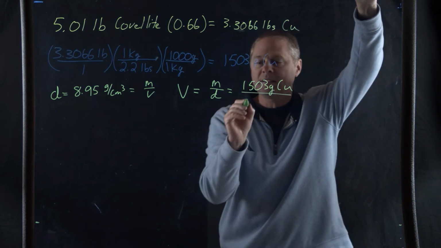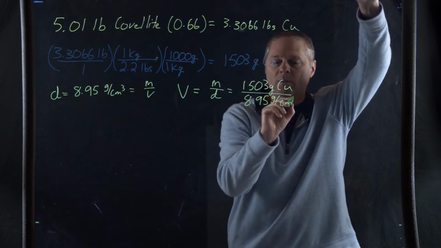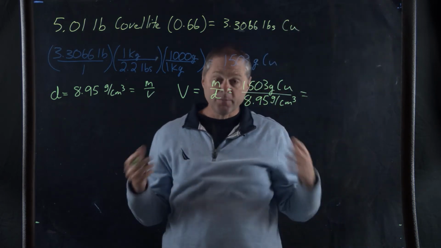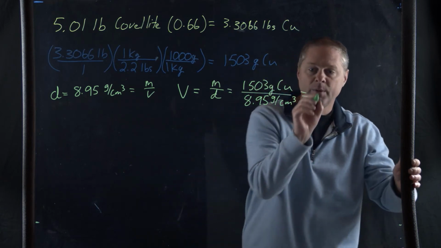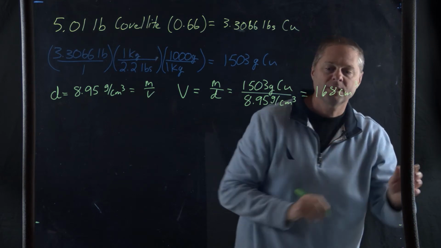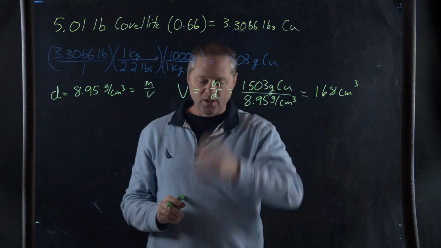We know that the density is 8.95 grams per cubic centimeter. From this, we're going to get the volume. So the volume of that wire, we go through and do this arithmetic, and we get 168 cubic centimeters is going to be the volume of this hunk of copper.